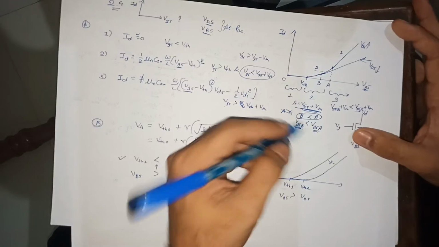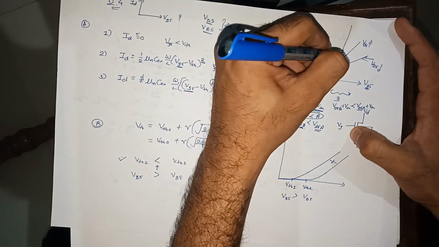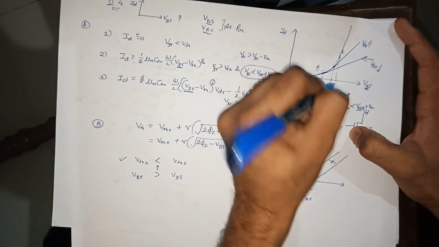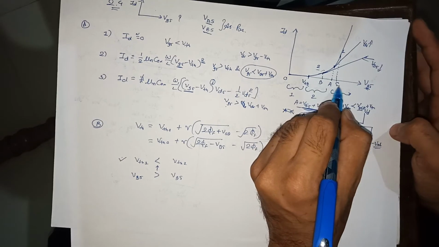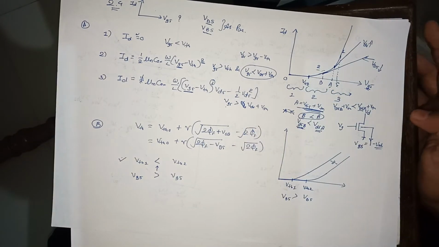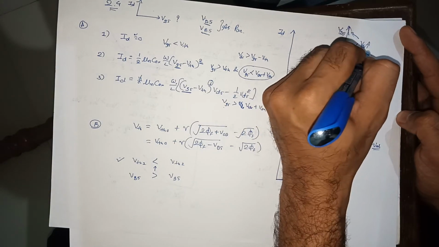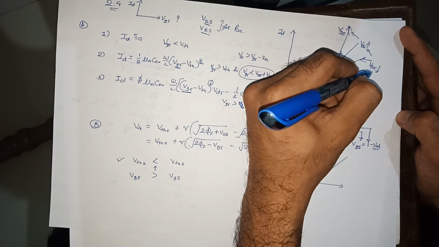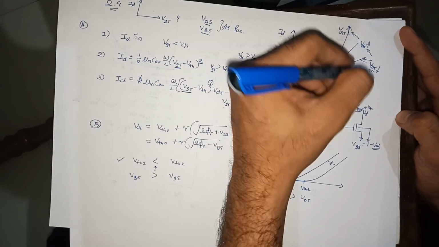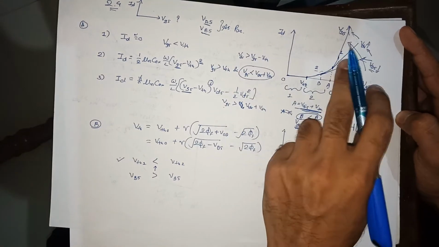You can draw the second point also if you are following this, and after that the straight line, this will be point C, and VDSC will be higher than VDSA. This VDS is higher than this also. If you are increasing your VDS, this graph will move like this. Well, this is the first part.